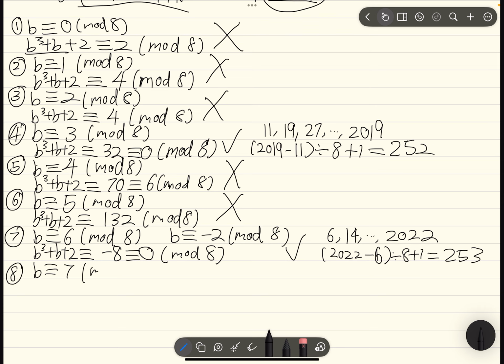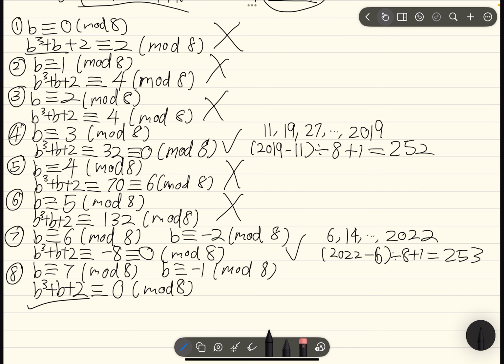Last case here. Again, we can directly plug 7 in, or rewrite this as b congruent to -1 mod 8, because 7 minus 8 is -1. So the expression is -1 cubed minus 1 plus 2, which is 0, and that obviously works, because we want the remainder to be 0. How many numbers have a remainder of 7 when divided by 8?